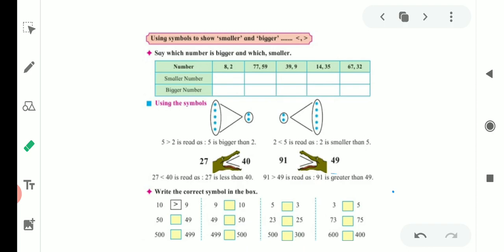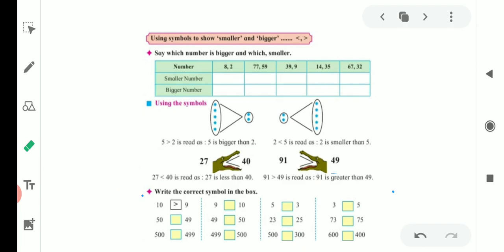Always remember that when we read the number, we always start from the left side, that is from this side to this side. For example, I am taking these two numbers, 27 and 14. You know 27 is greater than 14. So you will read it as 27 is greater than 14.